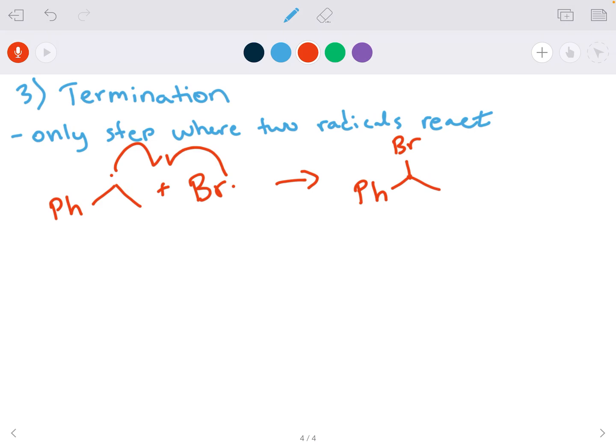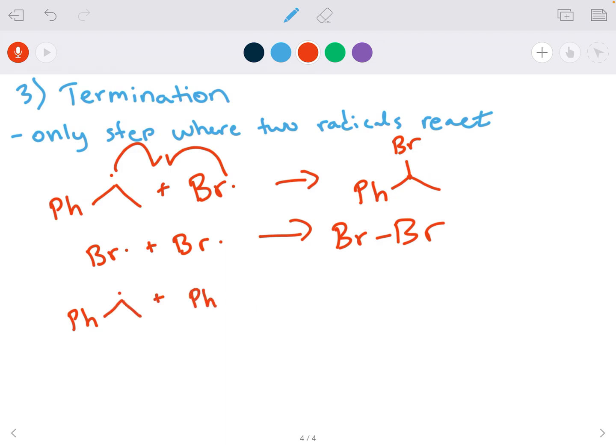And there may be other radicals that react together in this final step. You could have bromine and bromine react together because there are a lot of radicals around. You could also have two of the phenyl radicals react with each other to give that as a product.